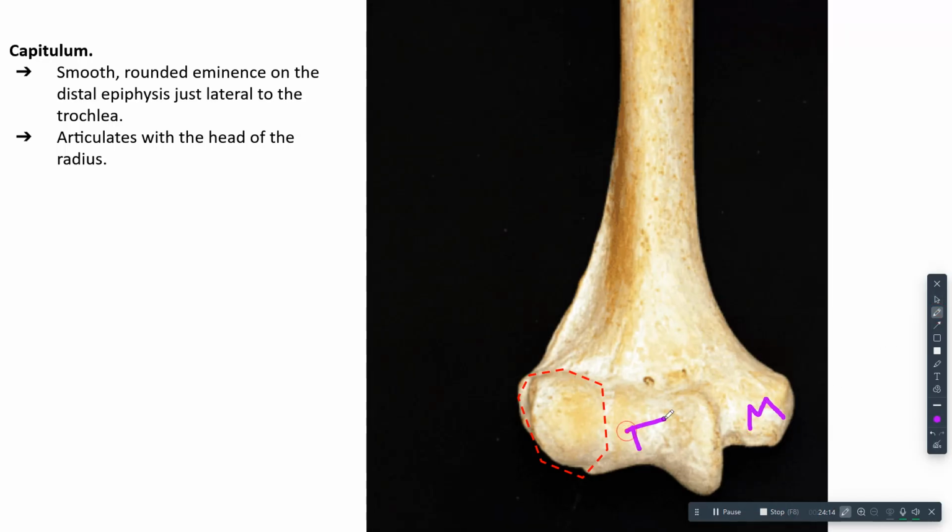Then I found my trochlea right here. And then next to it, I find my capitulum. The capitulum is going to articulate with the head of the radius. If you're doing the Macarena, if you're putting your palms up, then you're turning your palm over so your palm is facing down. You're using this joint between your humerus and your radius. Okay.